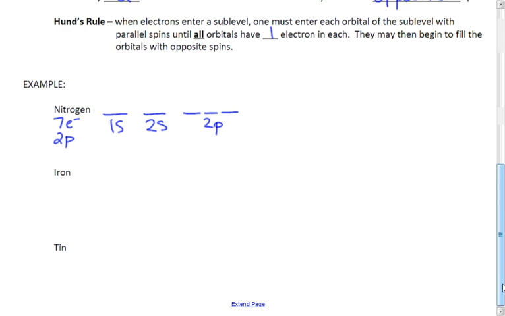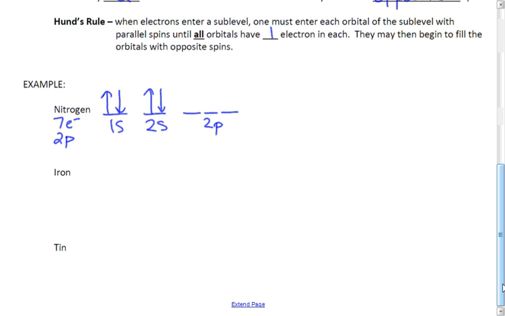Now, everything before that very last sublevel has to be full of electrons. You're not going to have an earlier sublevel that's empty if you're putting electrons further on, because it has to fill the lower energy level first. So we're going to have an upspin and a downspin electron in both of our S sublevels. Once you've filled everything before that very last sublevel, look and see how many more you need. How many electrons have I put on the page?